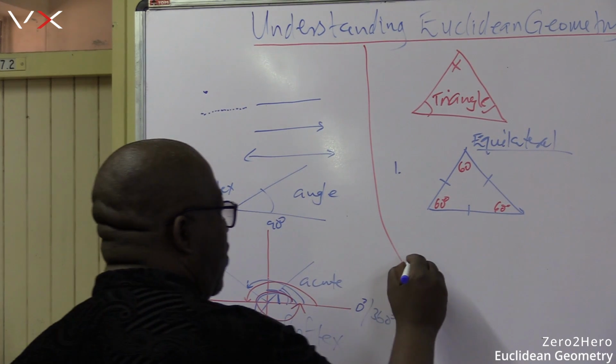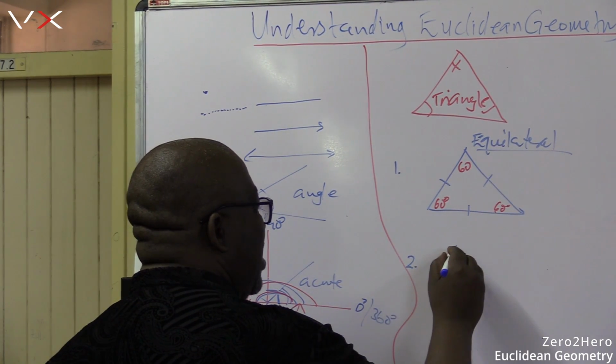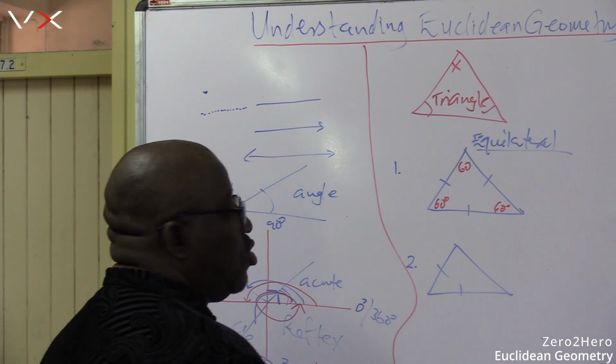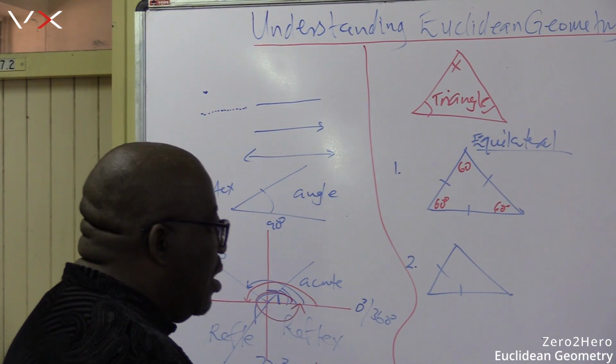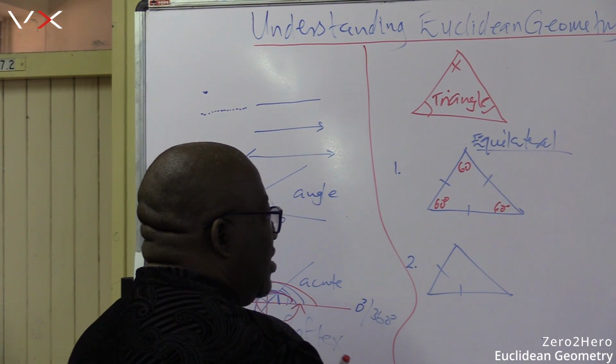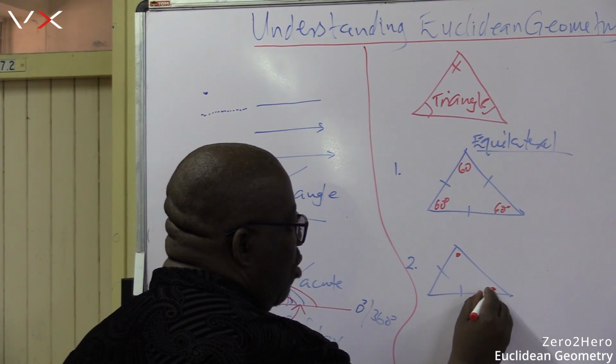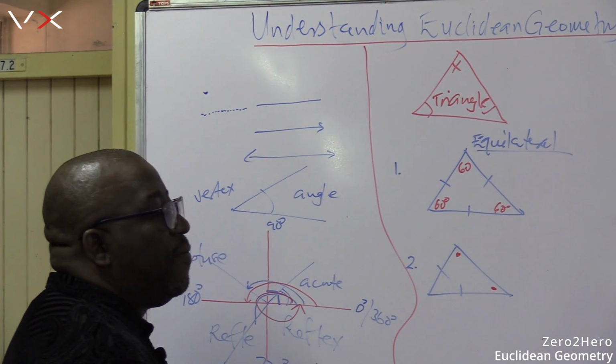Number 2, I've got to talk about the isosceles triangle. I'll try and move as quickly as I can. I'm not going to put it in a standard position. This angle has that side opposite it. This side has that angle opposite it.